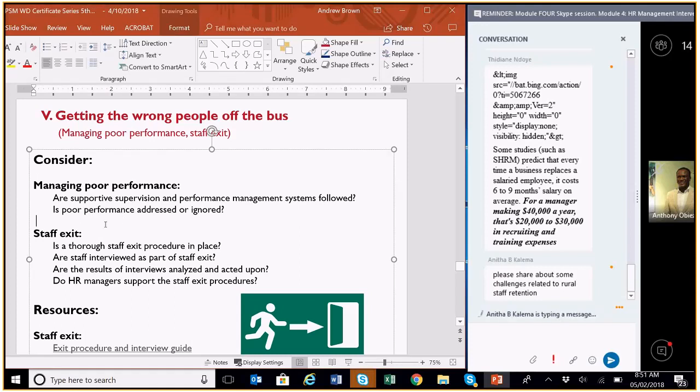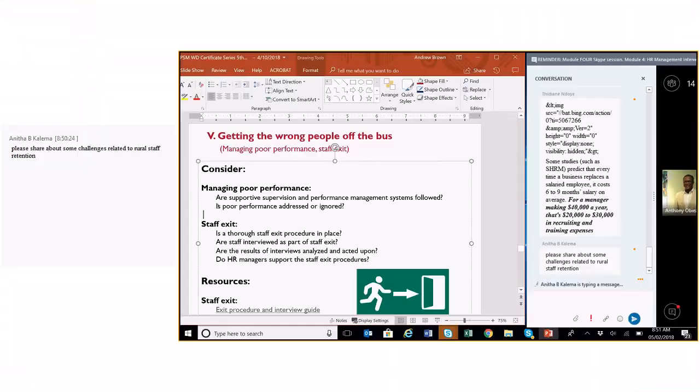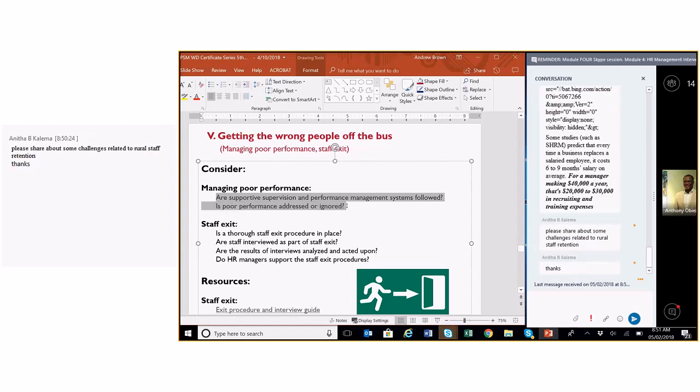When we're managing poor performance, two key things that I want you to think about in my experience. One is that supportive supervision and performance management have systems. Are those systems in place? But more importantly, are they followed? And do staff have the competency to use the systems? And the other one, is poor performance addressed or ignored? If poor performance is ignored, you're setting yourself up for some major motivation and staff productivity issues in the workplace.